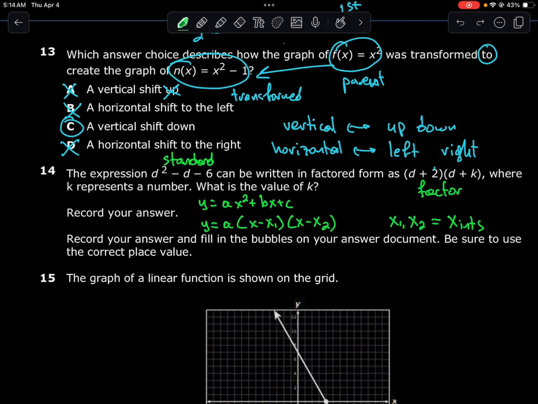If there is only one x-intercept, then you write it like that: (x minus x1)(x minus x1). In general, it follows this pattern here.